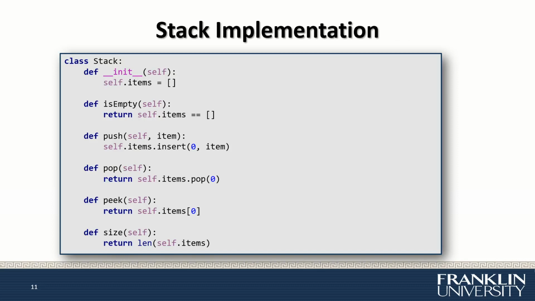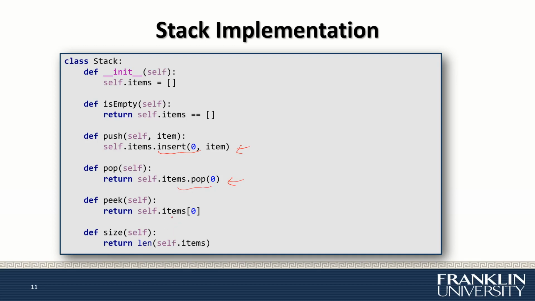And this is the way to do that. I only changed the push method and the pop method implementation. The methods themselves, the names and the number of parameters stay the same, but how I implement them is different. In this case, I insert the element at the beginning and I pop the first element.